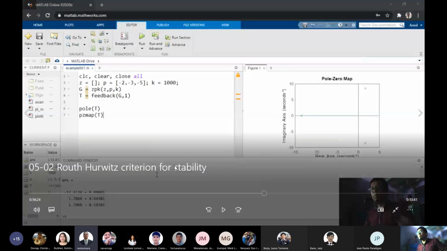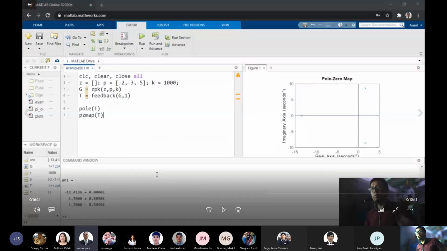Okay. So, bago ako mag-proceed, maliwanag ba 'yon? Yung interpretation ng route table. Okay. So, good.